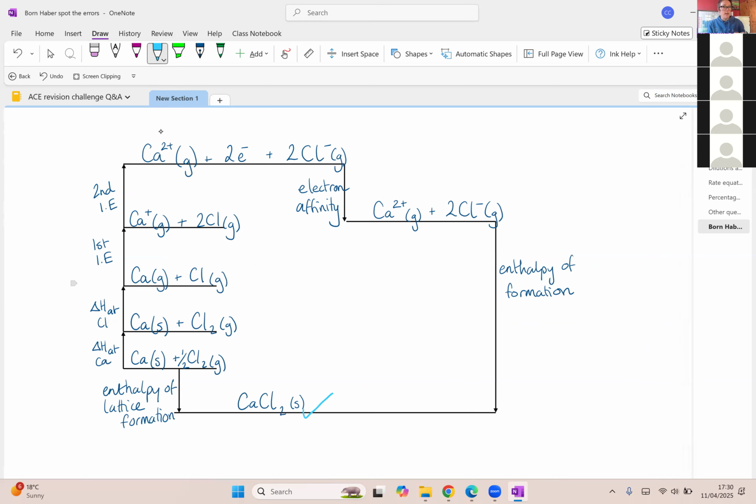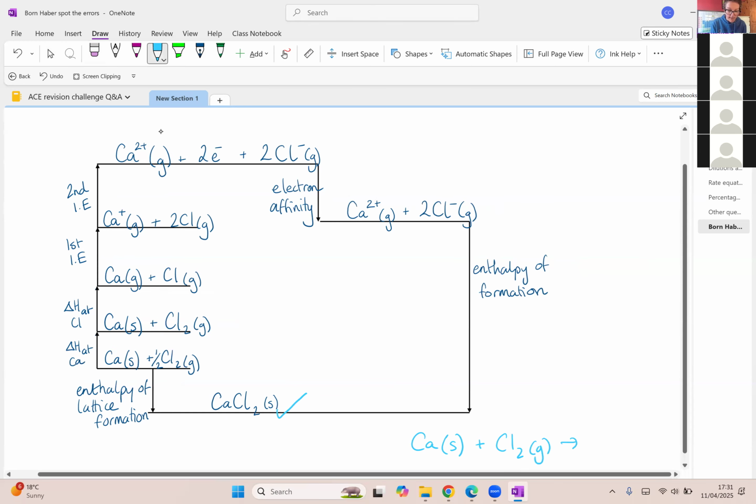I'm going to look through the levels first. Some people I know are really struggling with Born-Haber cycles, and part of it I think is you don't really understand what the arrows and the lines mean. If I was to take enthalpy of formation of calcium chloride, the equation would be Ca solid plus Cl2 gas, standard elements in standard states, to CaCl2 solid.